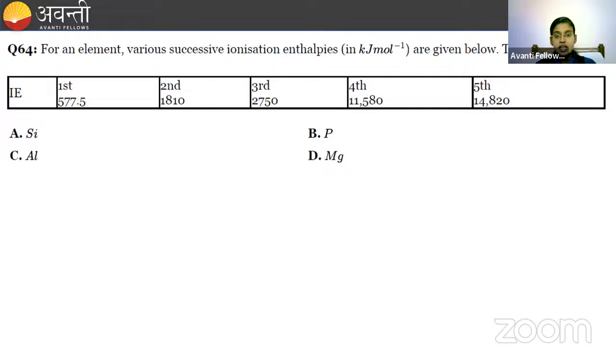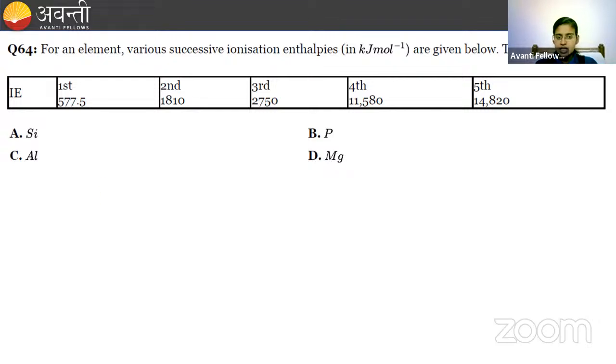It is directly jumping from 2000 to 11,000. So there is a very large increase in the ionization energy from the third to the fourth. This sudden jump indicates that there are 3 valence electrons for the atom.